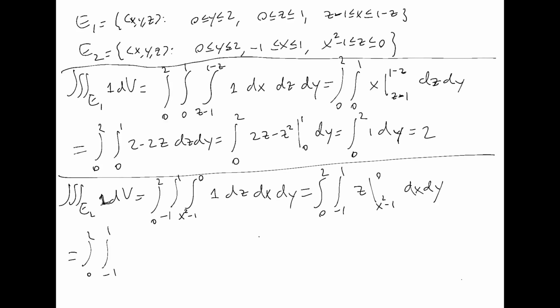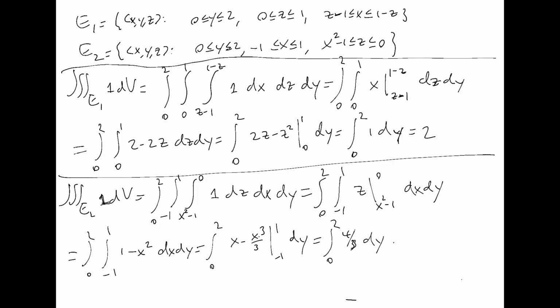And then I get minus x squared plus 1, so 1 minus x squared, dx dy. Well, that's easy to integrate. That will give me x minus x to the 3 over 3 between the bounds 1 and minus 1, dy. Okay, so if you plug in 1, I get 2/3, and for minus 1, I do not want to do this computation, so check yourself that you get 4 over 3. And that is equal to 8 over 3.